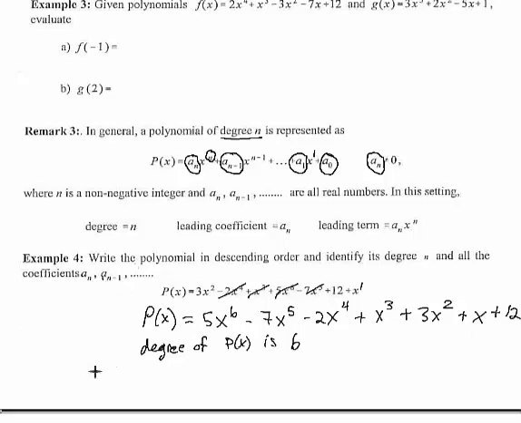What are the coefficients? A sub n. In other words, n is always considered our degree. And so with the degree of 6 for polynomial P, instead of writing a n, we can write a 6. Well, a with a subscript 6 simply represents the coefficient of that particular term. So we find our term with the power of 6, and we take the coefficient, which is 5.